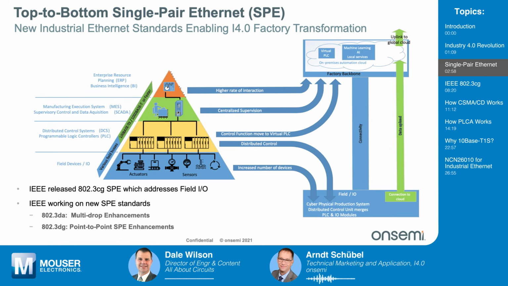So I've shown this pyramid here, where you see a typical factory as it looks today. A highly automated factory, all starting from the enterprise resource planning down to where the actual operators sit, the MES, the manufacturing execution system, or the supervisory control and data acquisition.